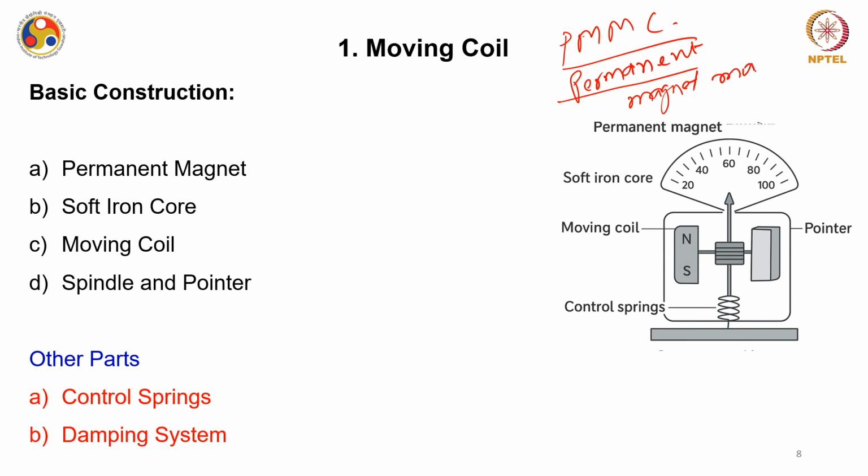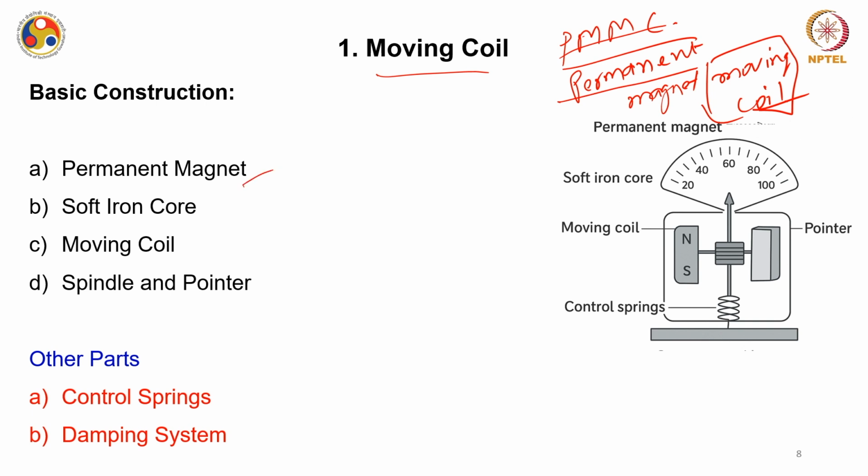In short, sometimes it is called a moving coil instrument, but it is basically a permanent magnet moving coil system, because this permanent magnet is an integral part of the basic construction. Since we are discussing instruments based on the construction and how the moving part differs, let us talk about this PMMC tool, which has a permanent magnet.